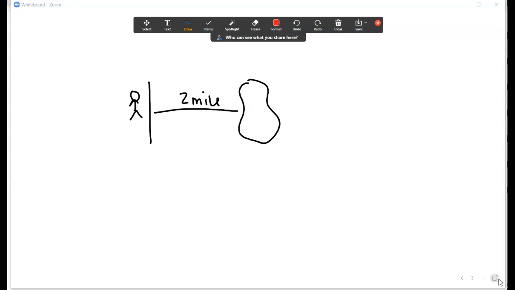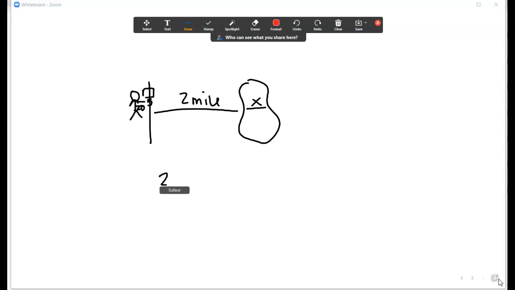So you would have to compare the 5 inches to the 20 inches, as well as the length of the island to the 2 miles. So here's the little card in front of the person's face. It's 5 inches long and it's 20 inches away. So you're looking for this length here.